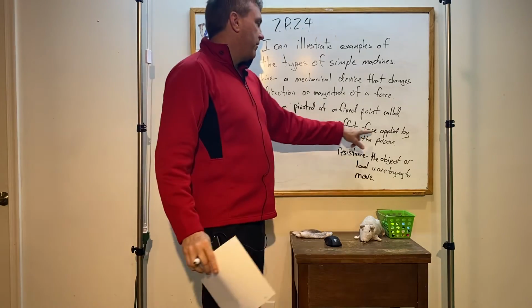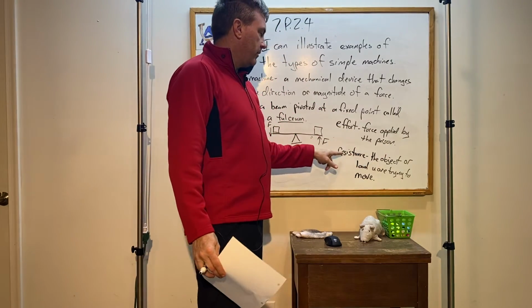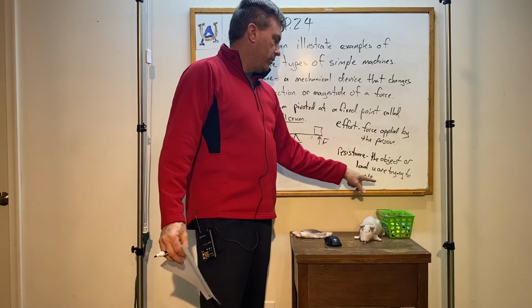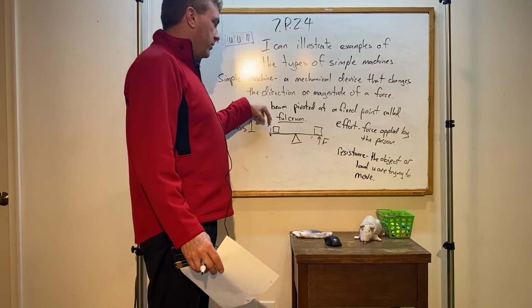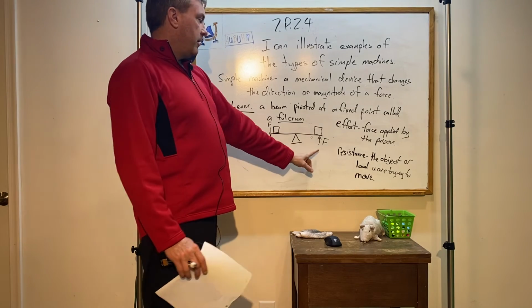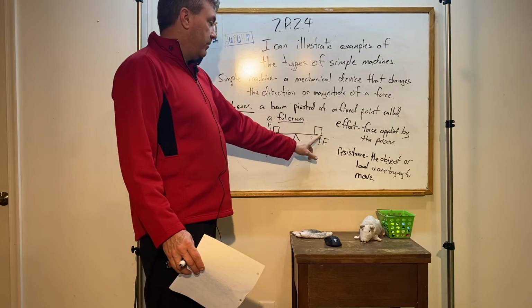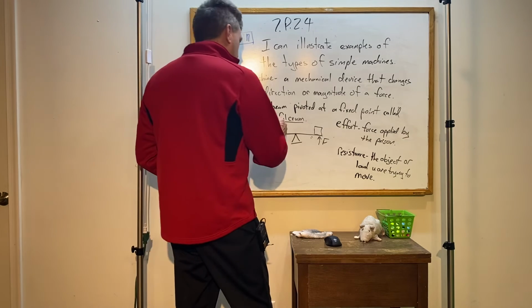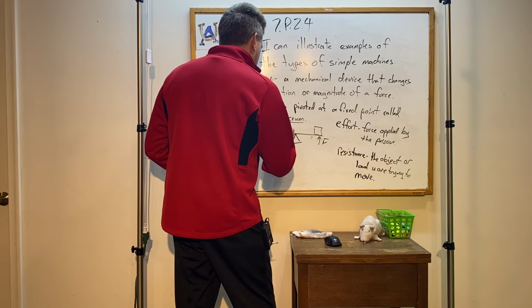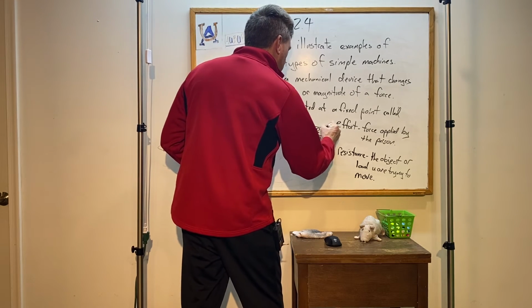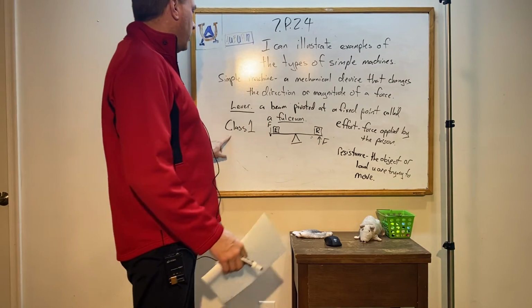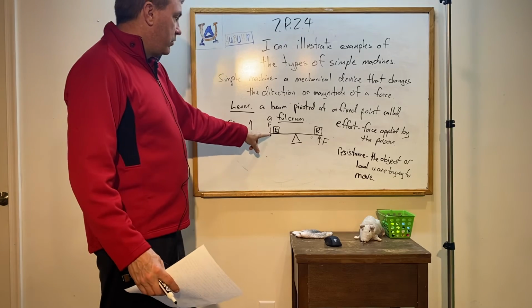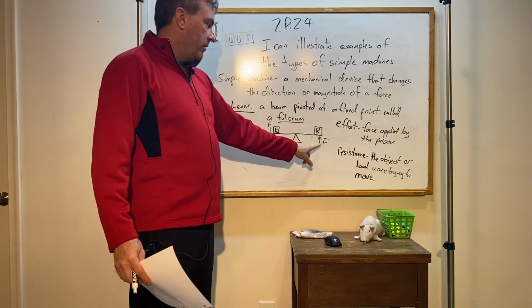So the effort is the force applied by the person, and the resistance is the object or load you are trying to move. I'm pushing down this side of the teeter-totter, this side's going up, lifting up. The resistance is here, and the effort is here. So this is a class 1, where the fulcrum is between the effort and the resistance.